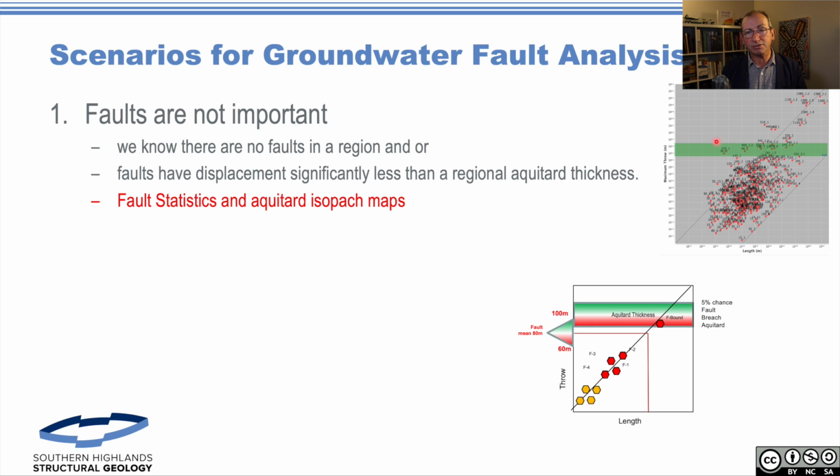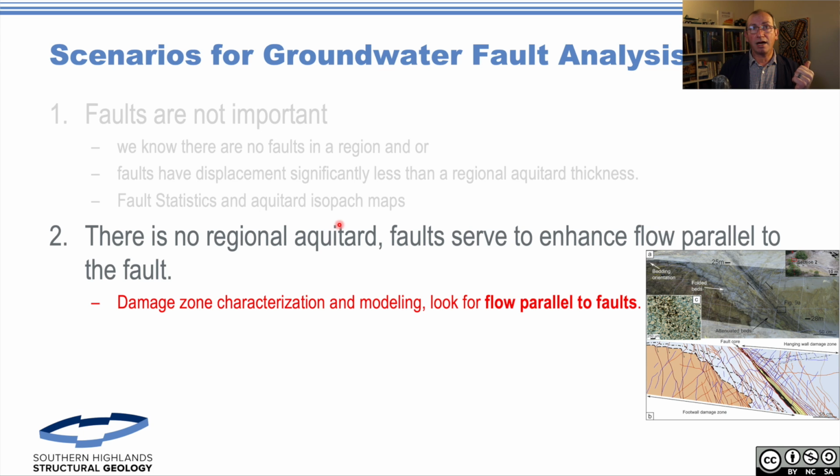And I can use this relationship to say, if my aquitard is 50 meters thick, I need a fault that's 10 kilometers long. So would that fit in the area, or would I not be able to see it? What would stop me seeing it? So you can actually use fault statistics and isopachs to quite elegantly show that faults will not breach your aquitards. So that's one end member.